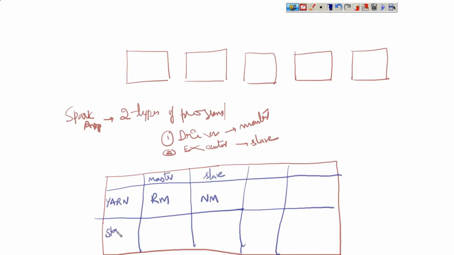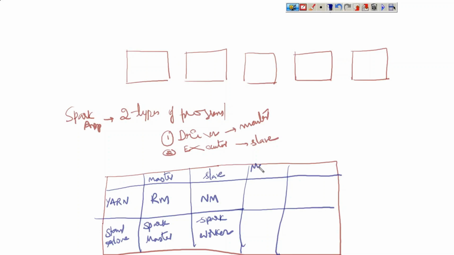And in a standalone cluster, the master process is called simply Spark master, and the slave is the Spark worker. Master and slave.